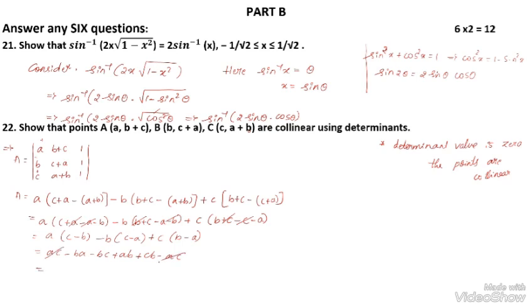Here plus AC minus AC get cancelled. Plus BA minus BA plus AB get cancelled. BC, CB get cancelled. We have 0. This is the solution of the given points. Therefore, the points A, B and C are collinear. This is the solution of the given problem.